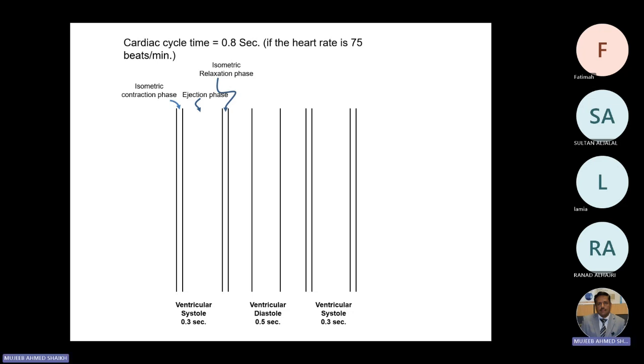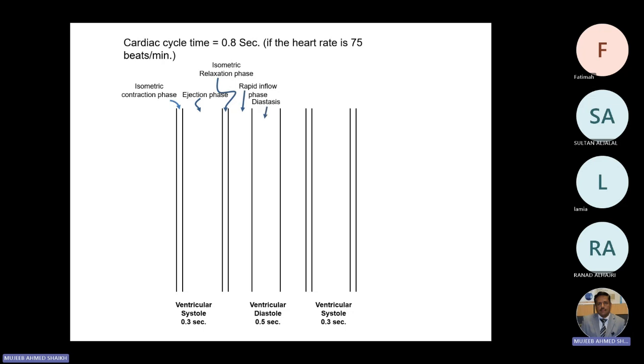The diastole is beginning, but there is no change in the length because no valves are open at this moment. After that, first there is a rapid inflow phase. That means the AV valves will open and whatever blood collected in the atrium will be pushed to the ventricle. So ventricle filling will start, first rapid filling, followed by diastasis.